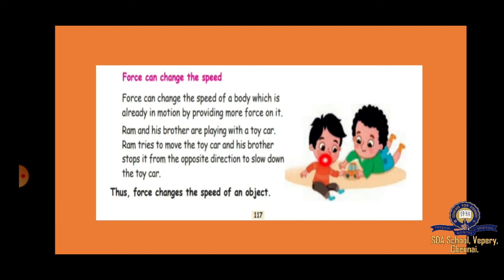So what is happening? In one direction you push the car, and in the other direction if you keep a hand or a leg, immediately what will happen to the toy car? It will slow down, right? It will not go as fast as it was in the beginning. So it changes the speed.